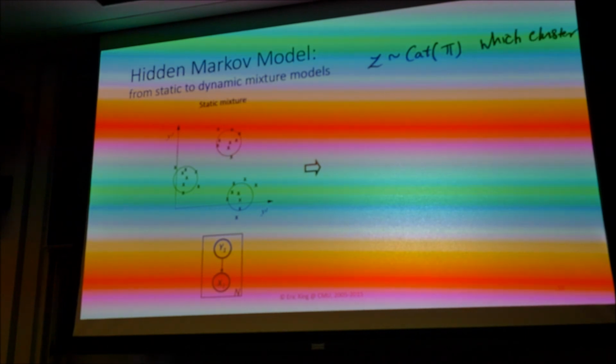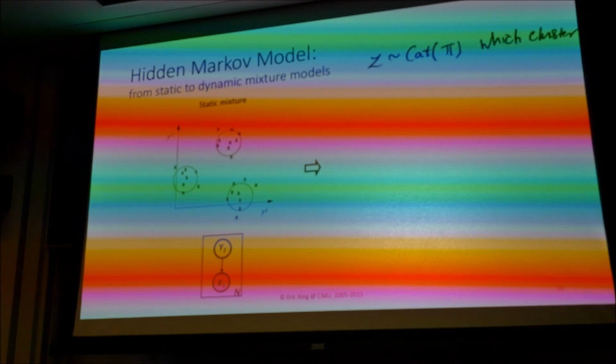Then for each cluster, we might have a different distribution. So let's call the entire thing Y, and Y is 2 dimensions, right?